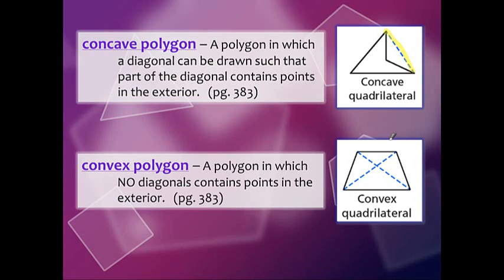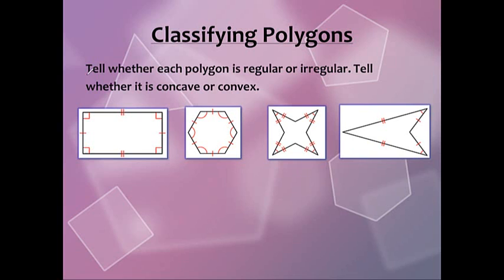Let's get some practice classifying polygons. I want to tell whether the polygon is regular or irregular, and concave or convex. Okay, for the first one, in order for it to be regular, all the sides have to be equal, and that's not the case here.